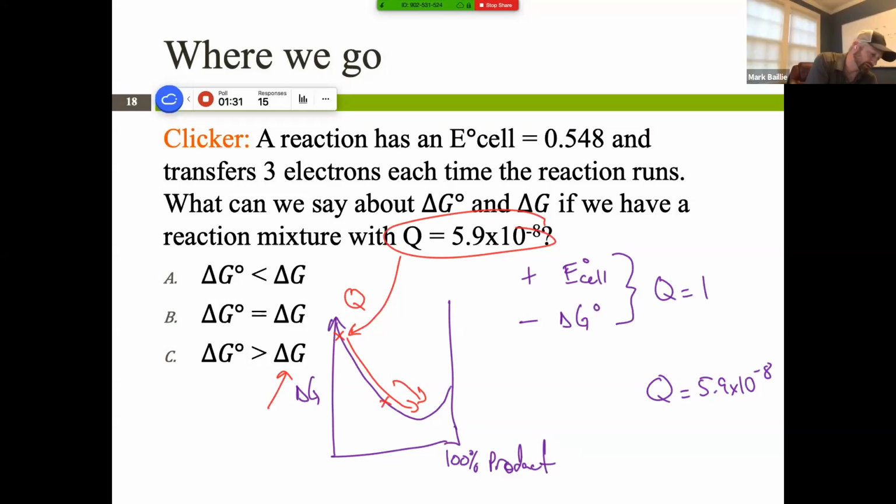So the way that I would define it, a number further negative, I would define that as C. The magnitude of it is larger, but it is in a negative direction. So I would say that the larger, more positive number would be delta G naught.